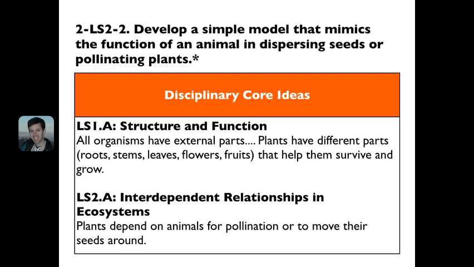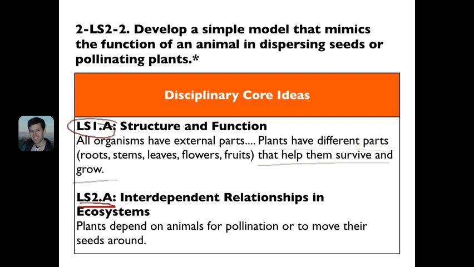So it's clear there are some important disciplinary core ideas that the teacher is going after: that plants have different parts, and those parts help them survive, grow, and reproduce in this case. That's part of LS1.A, but also LS2.A.